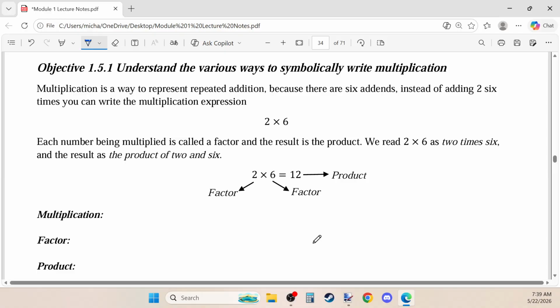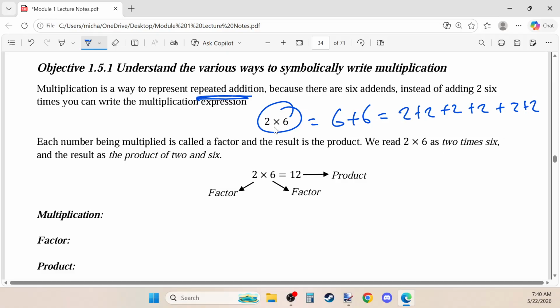Anyway, multiplication is repeated addition. This just means 6 plus 6, or 2 plus 2 plus 2 plus 2 plus 2 plus 2. It's really cool how multiplication works this way.